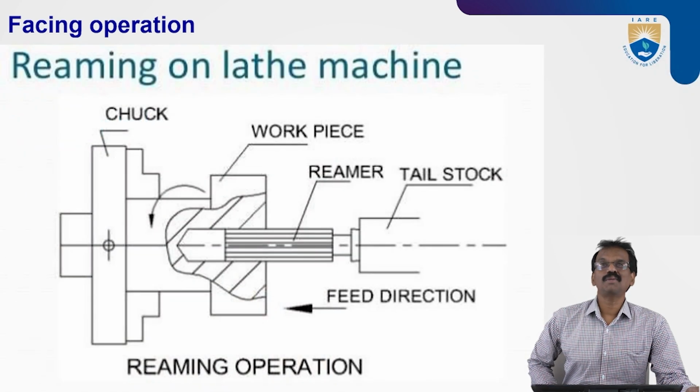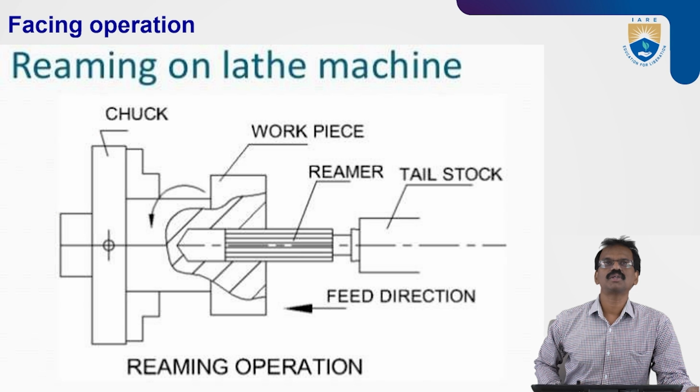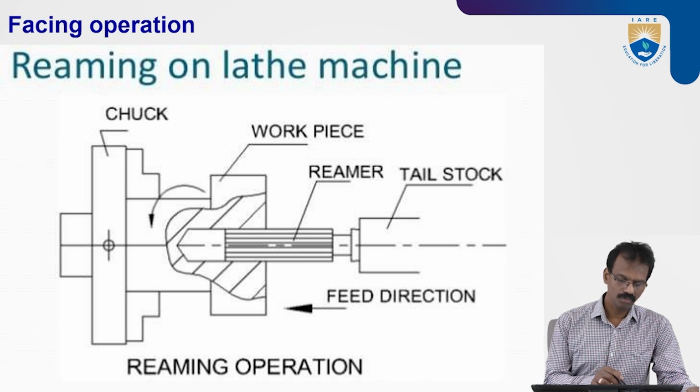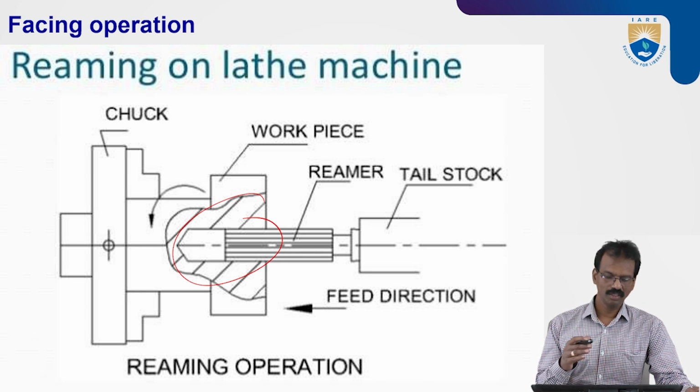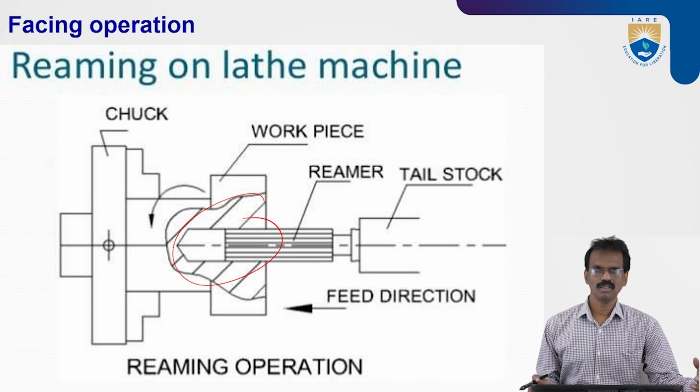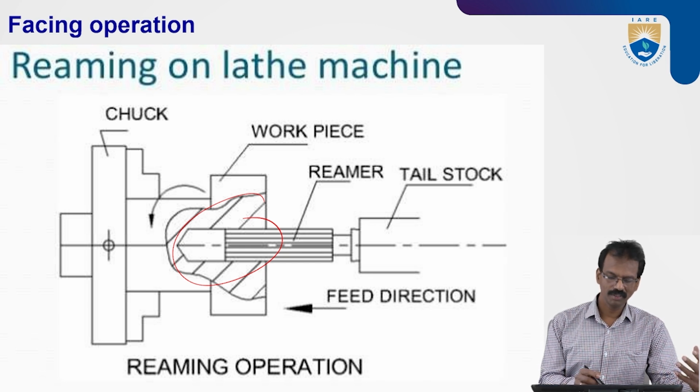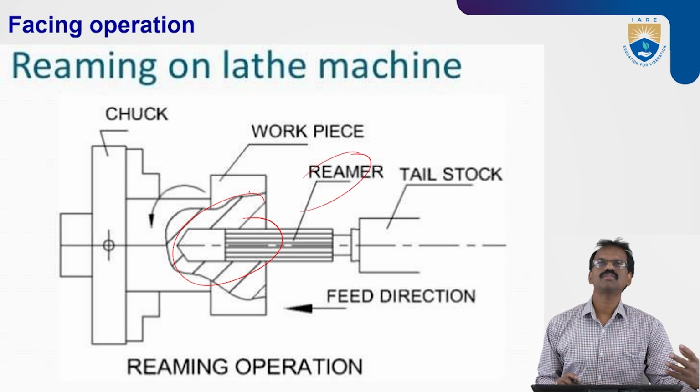So next one is the reaming operation. Reaming is nothing but finishing of the hole, or getting a good surface finish on the hole surface. Because in boring and in grinding we didn't get any good surface finishing, but with the help of reaming we'll get the good surface finishing, and we'll get the desired shape exactly.